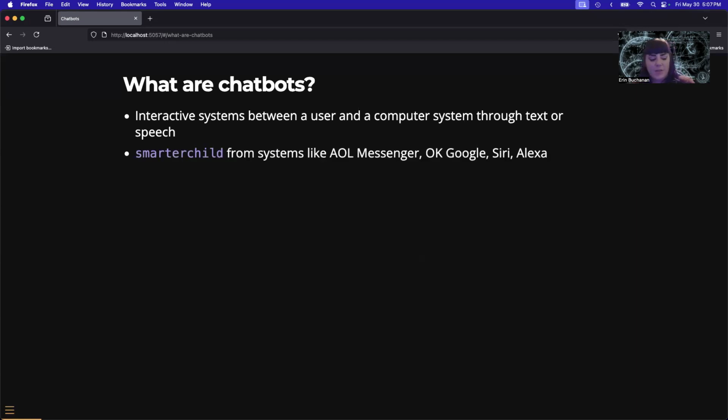And I love to use this example because it talks about how old I am, but Smarter Child was one of the first systems from something like AOL Messenger where it was really terrible, especially with what we have now, but you could talk to the system using instant messaging. But now we have things like Google and Siri and Alexa and obviously ChatGPT. So these systems have come a very long way.